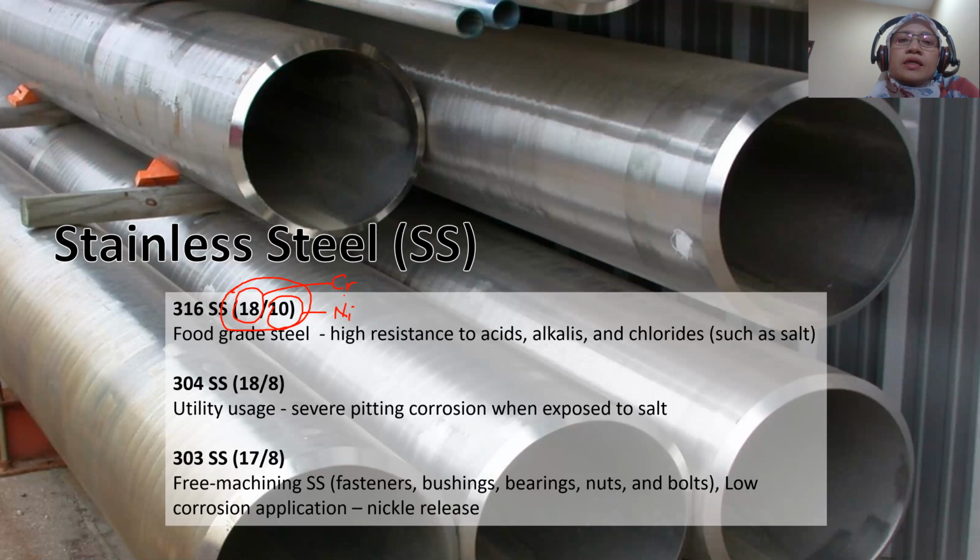316 stainless steel is known as food grade steel, as it has a high resistance to acids, alkalis, and chlorides such as salt.